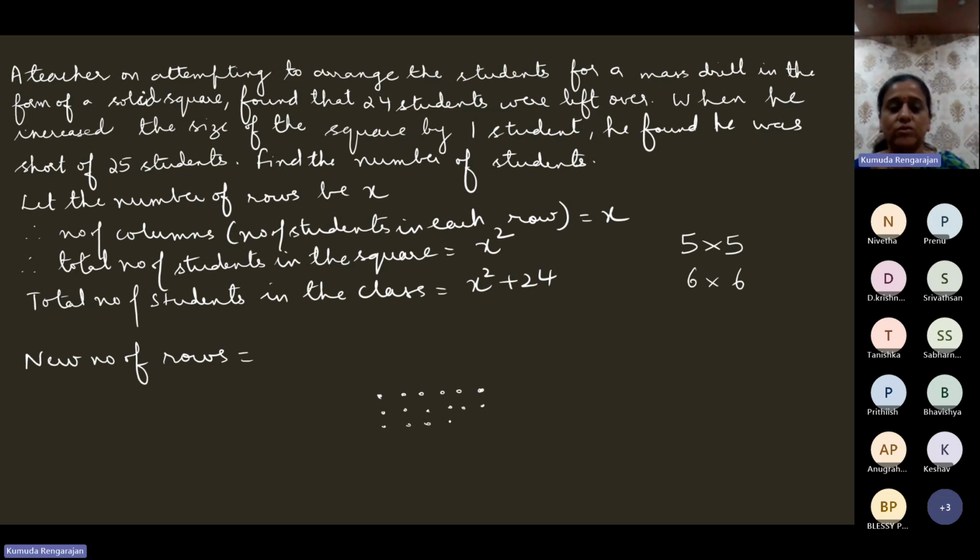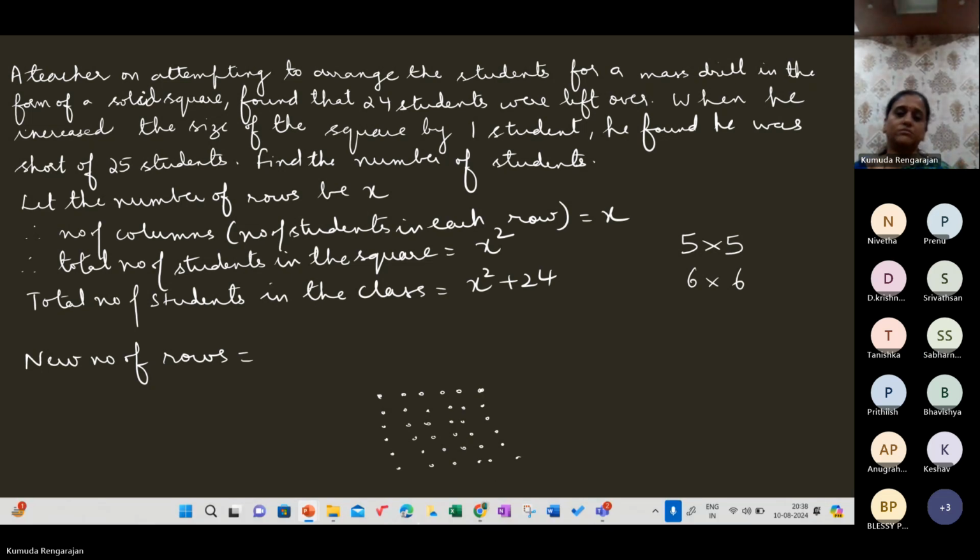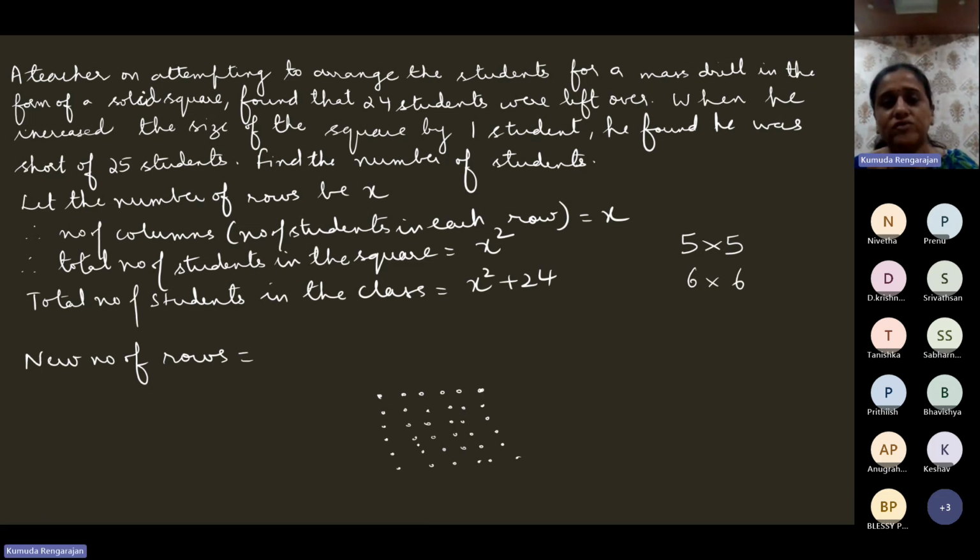There should also be 6 columns. Earlier 5 rows, 5 columns. Now 6 rows, 6 columns. That means he's increased the size of the square by one student. So new number of rows is equal to x plus 1. And new number of columns also is the same thing, x plus 1.